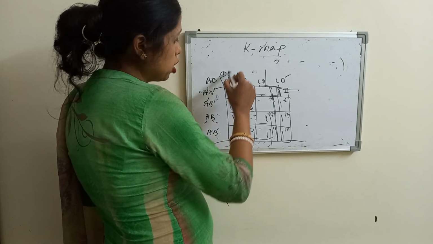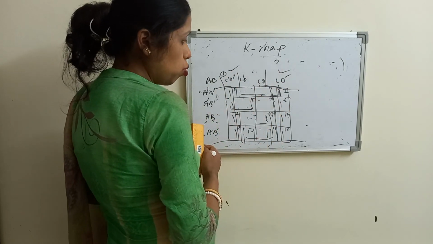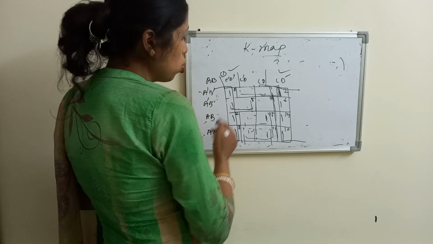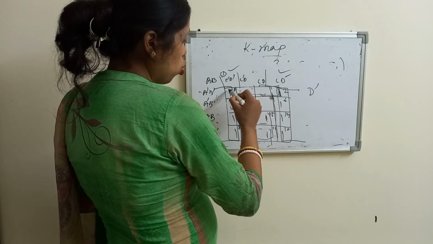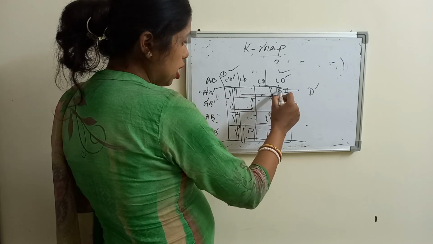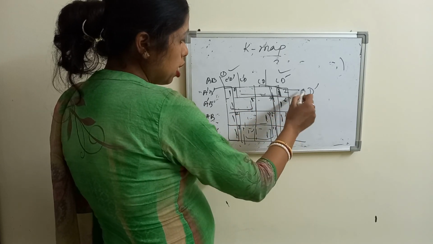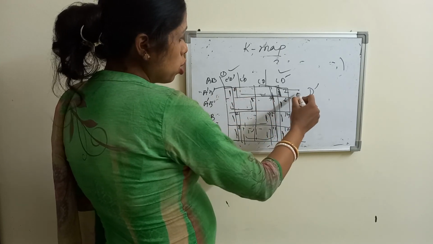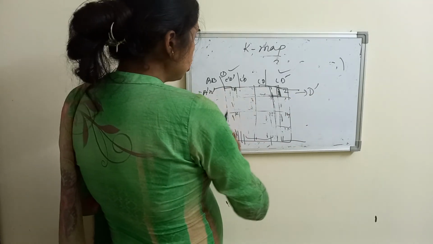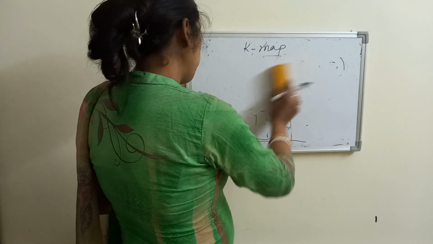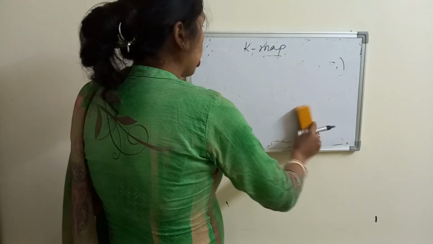Now if you check this value and this value, only D prime is constant. So for these 8 cells, if you create one group, you will get only D prime. So in this way we can minimize the SOP expression by using the K-map.